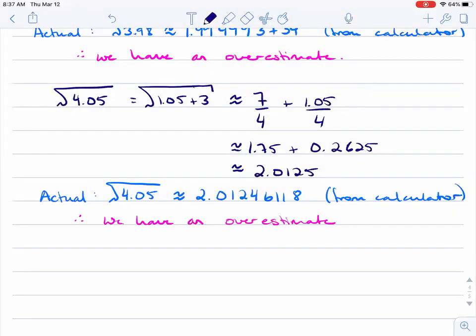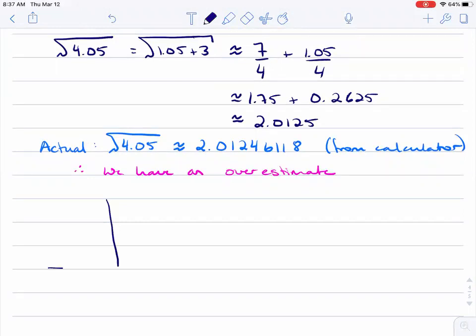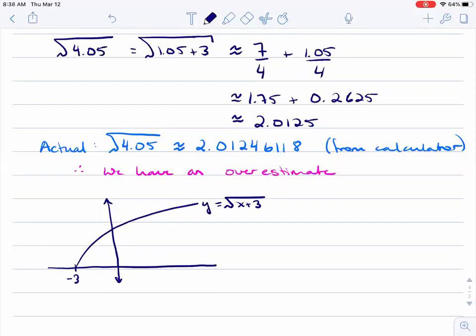This is where it might be helpful to know what these different graphs look like, right? So remember at the beginning of the term, we spent time talking about what these graphs look like. And so knowing that the root of x plus 3 looks something like this, y equals the root of x plus 3, and here I'm at -3, then at 1, I see that my line is going to be just kind of over.